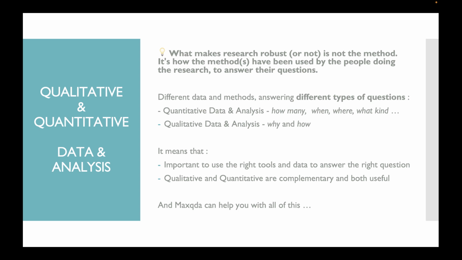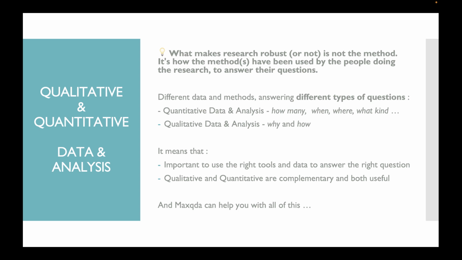And most of the time when we are doing research, we use both methods and it tends to make the research better. So both qualitative and quantitative approaches can produce good and bad research, very good or very bad research even, depending on how they are used. And for this, the research questions are really important to decide what kind of approach and methods and tools you better use for your project.